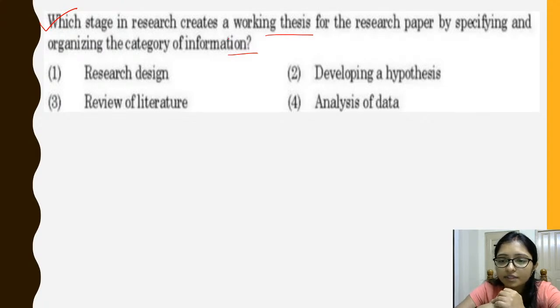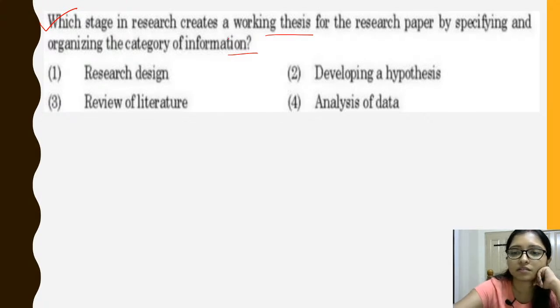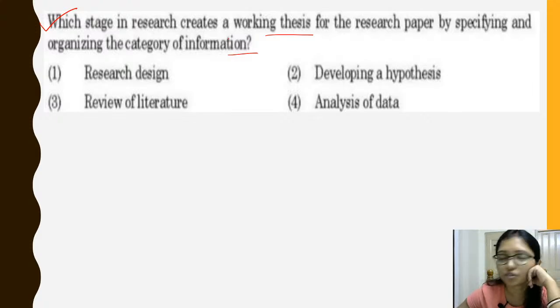Okay, Vanu is giving the answer. Okay, Sarita is also giving the answer.